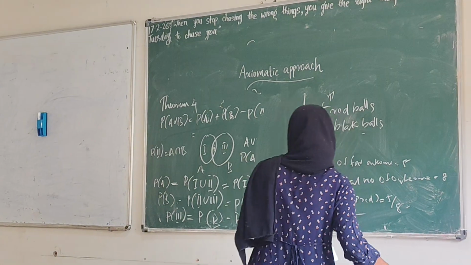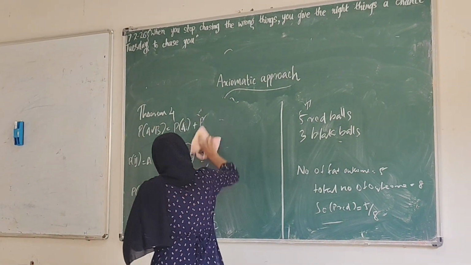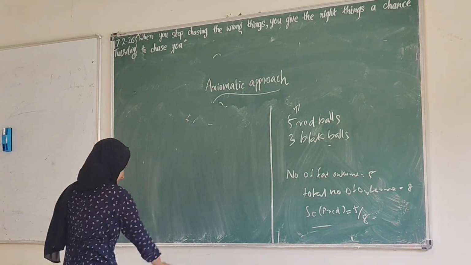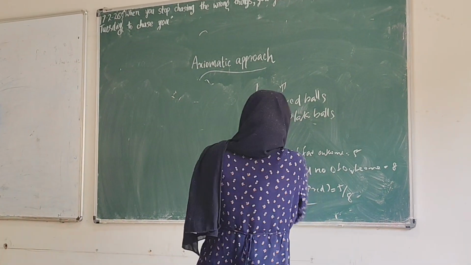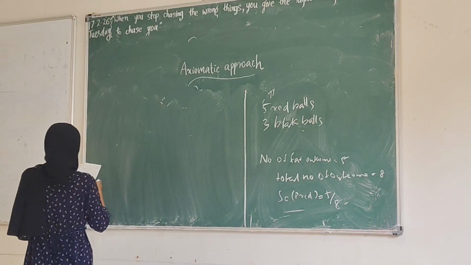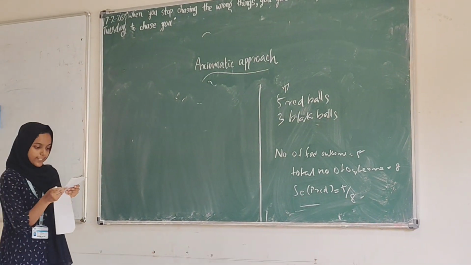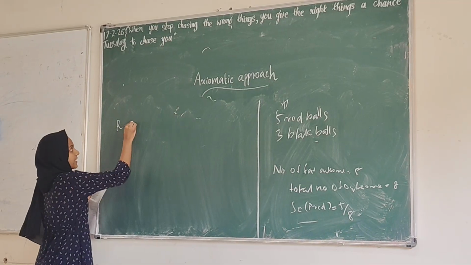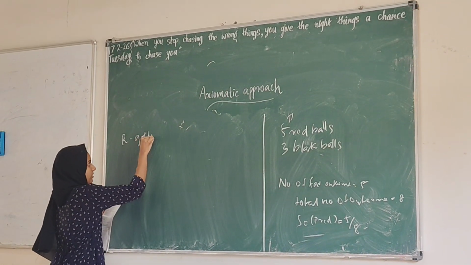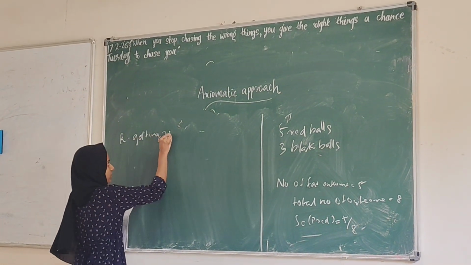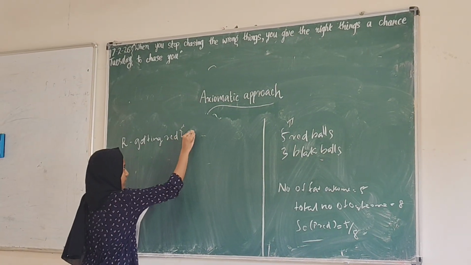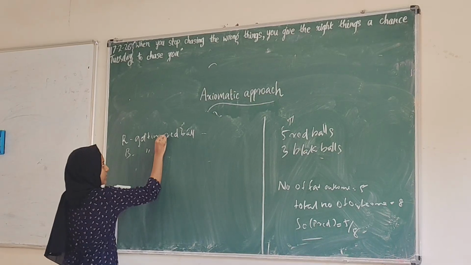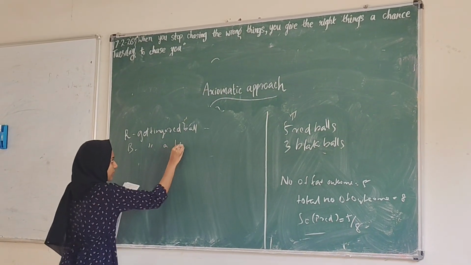Let's define 2 events. R is getting a red ball and B is getting a black ball.